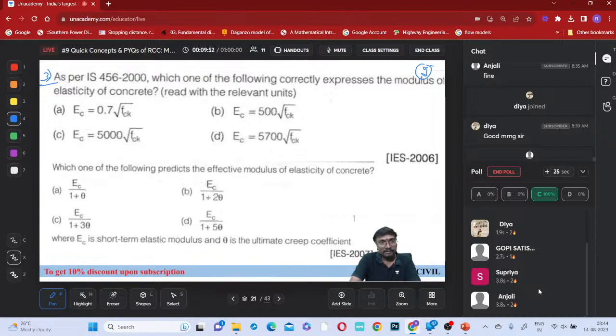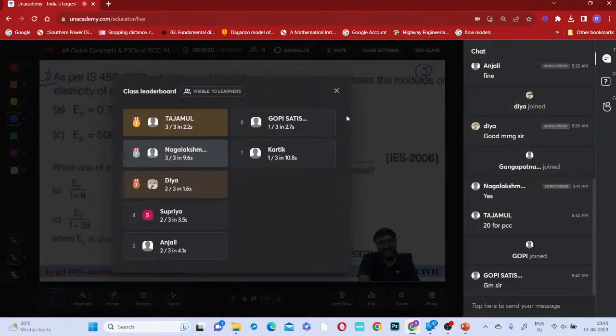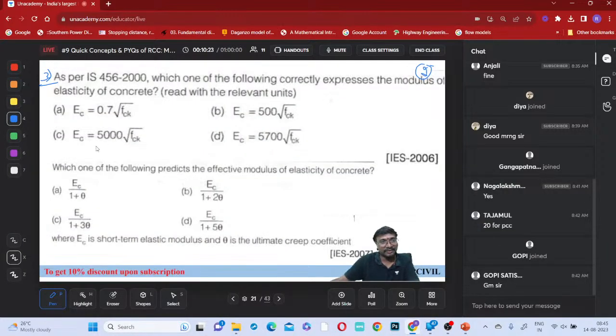Rahul, check the answer, check the options properly. I have given the hint, but in the examination nobody will give you a hint. You have to answer on your own. Tajamul first, Nagalakshmi second, and Diya third.